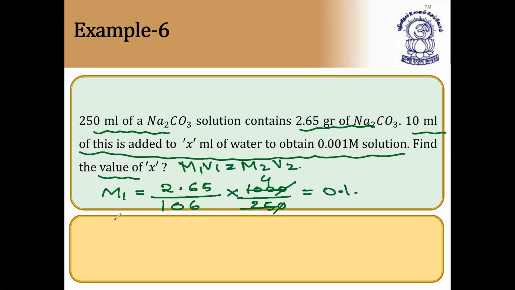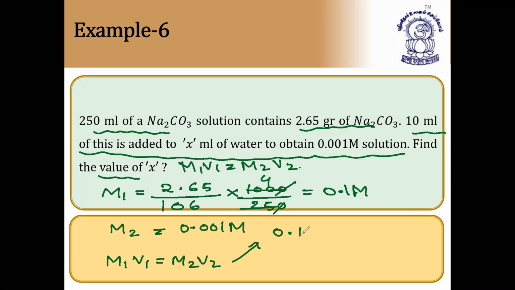Now second molarity is already given, 0.001. So now M1V1 equals M2V2. M1 is 0.1, already we got.